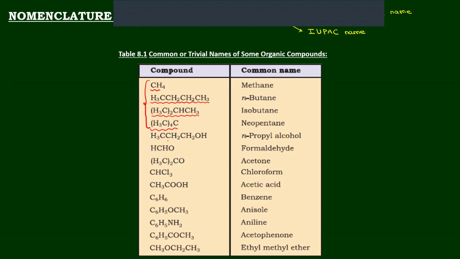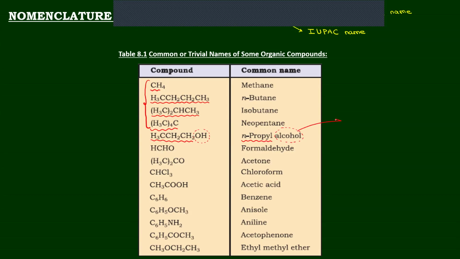Then the next one is a compound with 3 carbons and a functional group attached to it, that is OH. So OH refers to the family of alcohol, and the 3 carbon chain which is attached to the OH is called n-propyl.